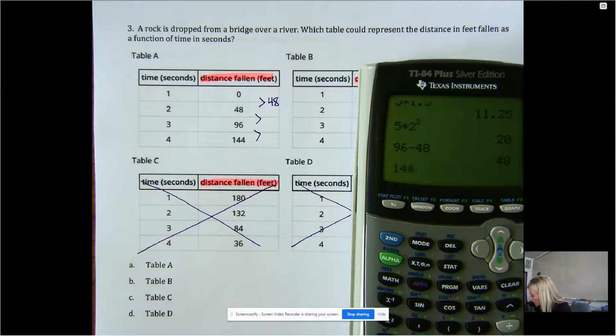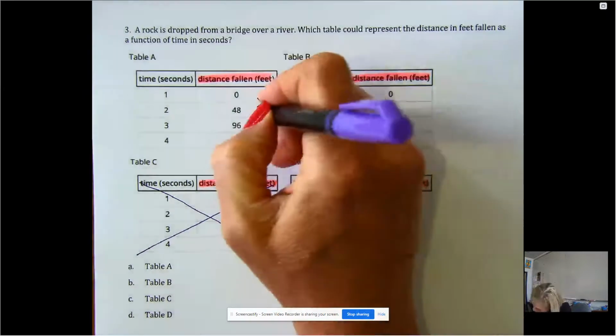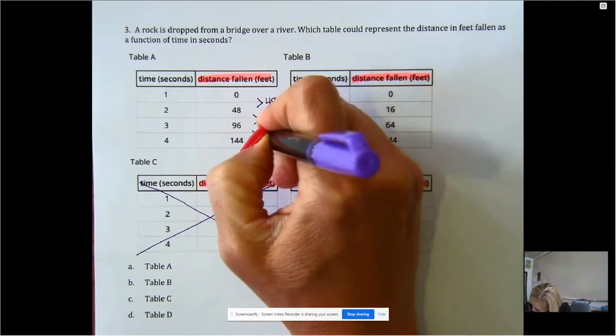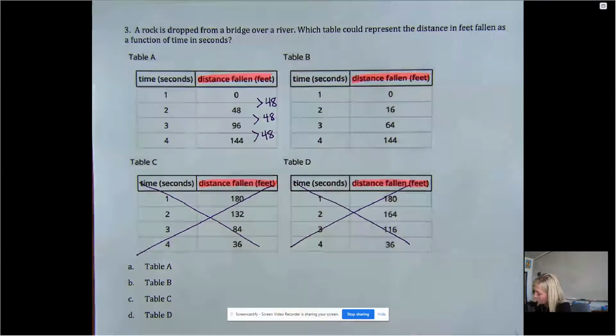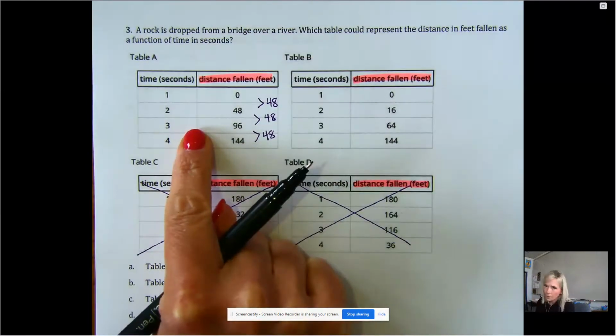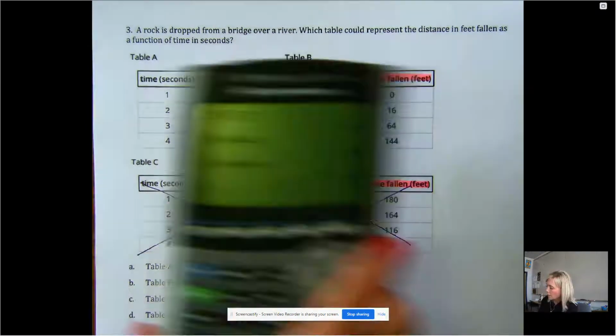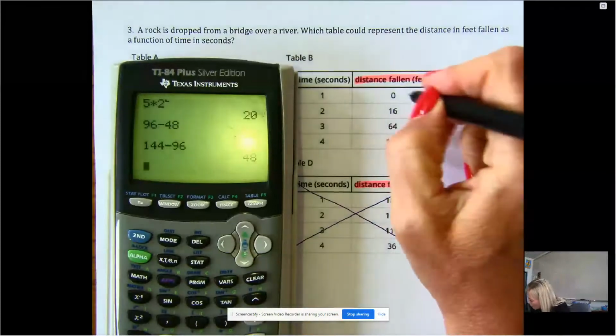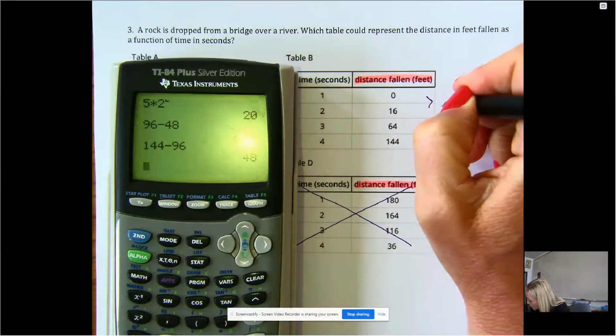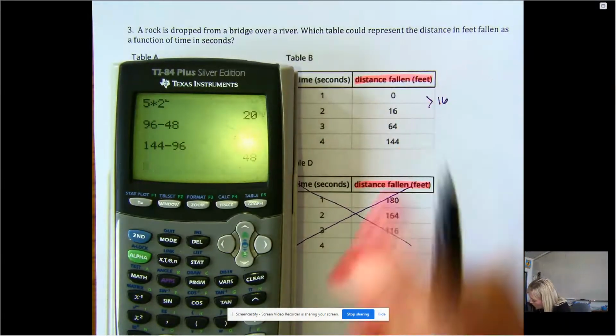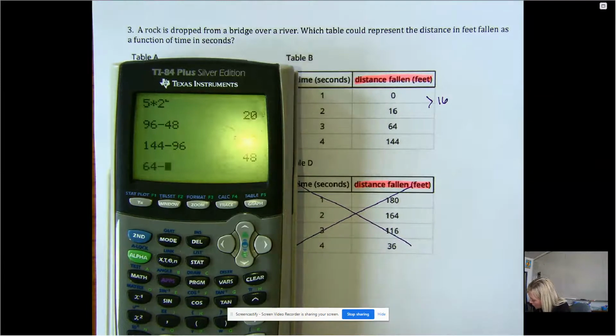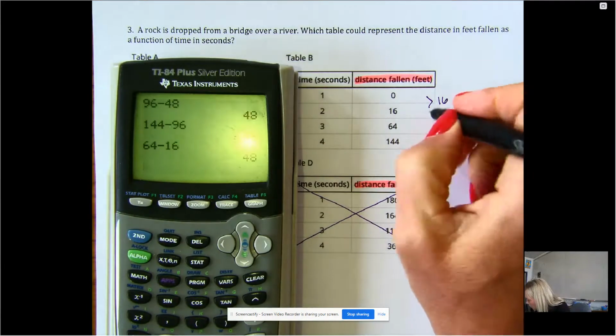And from 96 to 144, also 48. So this is changing at a constant rate, 48 each time. So I don't think it's going to be table A. When I look at table B, I know 0 to 16 is a change of 16. And then 16 to 64 is a change of 48.